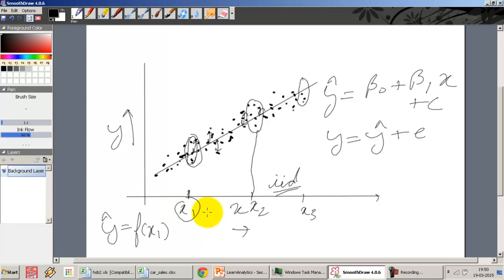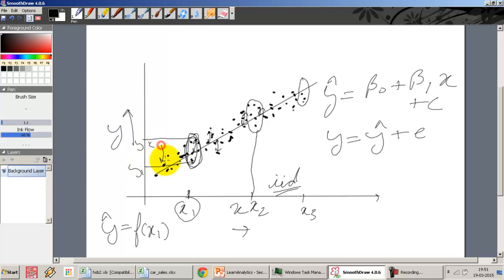For any given value of x, the error term, where the values of y will be, is constantly distributed. So if I assume that this is one variable over here, I get values of y ranging from, let's say, yj till yk over here. So I have a range of values for y for a given x.